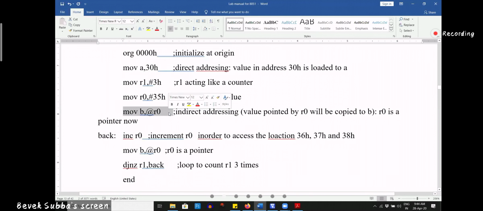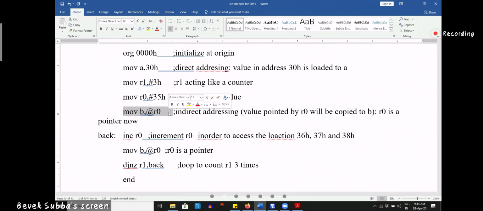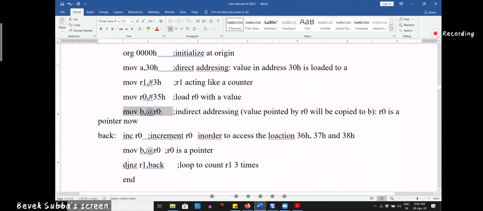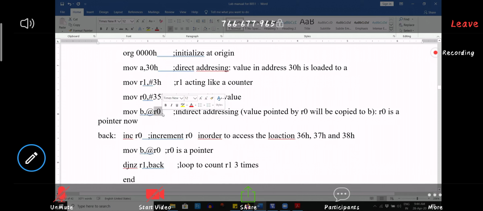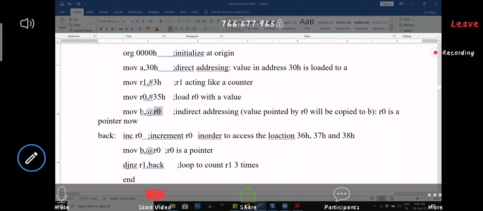The @ means indirect addressing. So what is this? MOV B, @R0. The value pointed to by R0 will be copied to B.